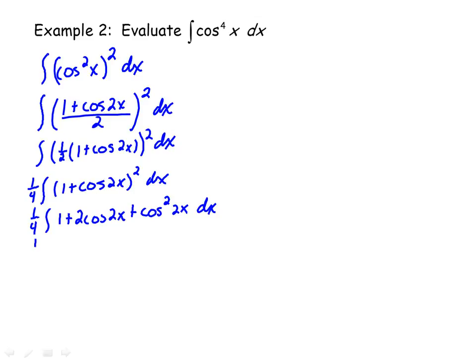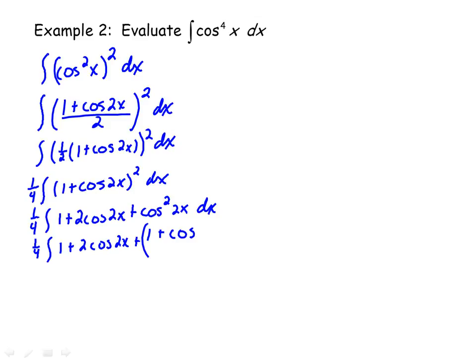So we're going to have 1/4 times the integral. Notice I'm not going to do any integration until I have it simplified as far as I can. Now this is going to turn into, well, I don't know how I want to write it just yet, so we'll just do it this way. 1 plus, now, watch this. You might want to make a note of this on your paper or in your notes.